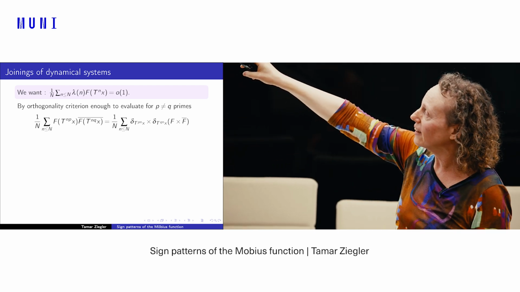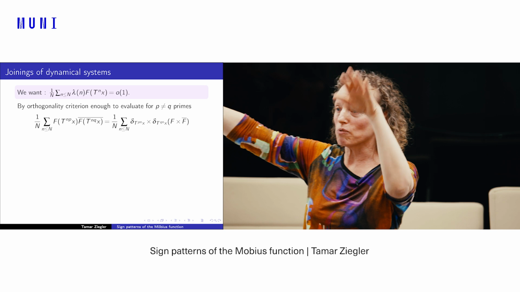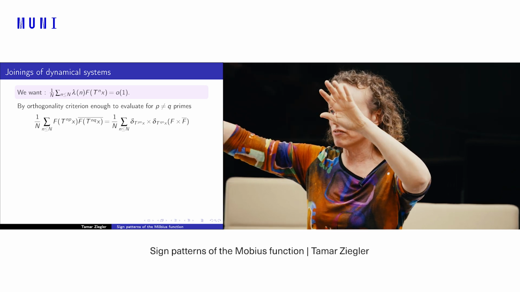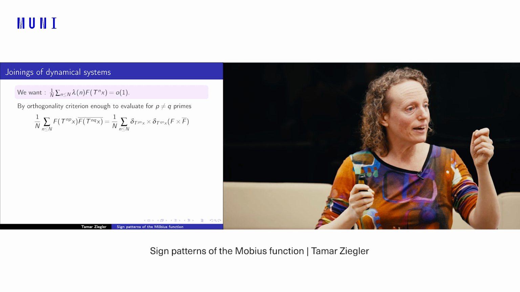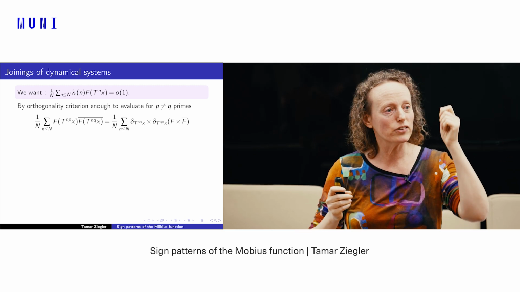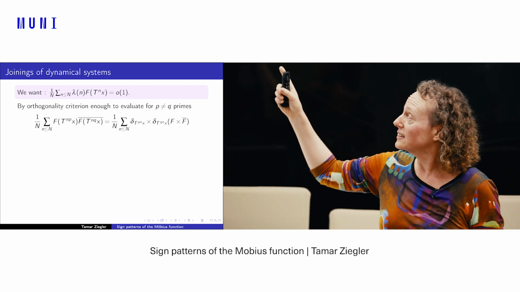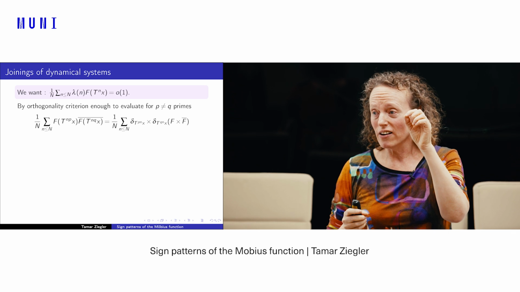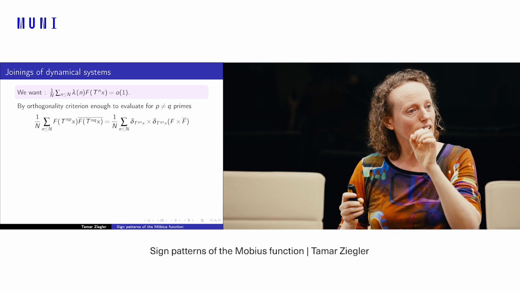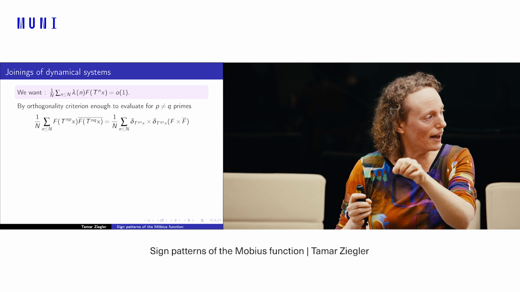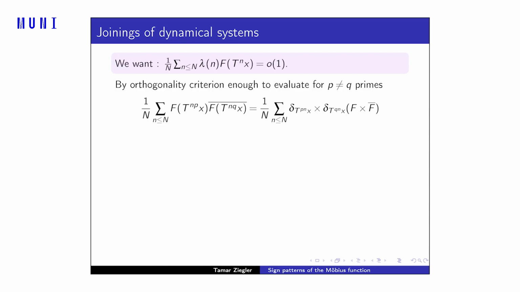I averaged instead of just summing, so I looked at 1 over N. I want to look at f of T to the pn x times f bar of T to the qn x. That's the same as taking the delta measure at the point (T to the pn x, T to the qn x) and evaluating it at the function f tensor f bar.